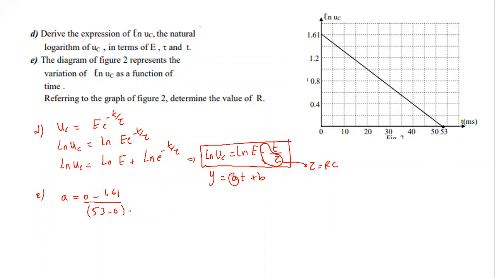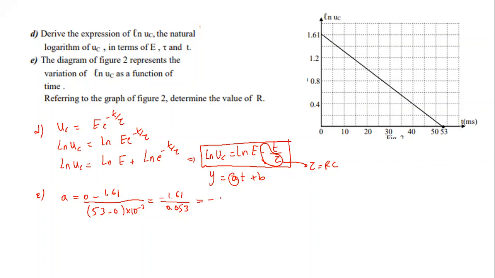But here it's in milliseconds, so times 10 to the power minus 3. Then we get the slope equal to minus 1.61 over 0.053.